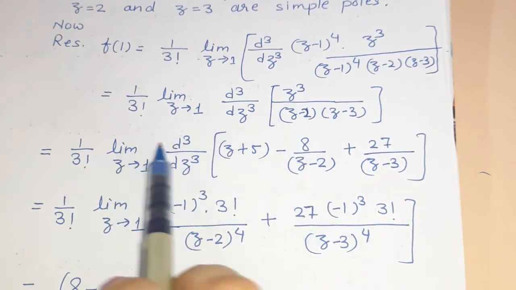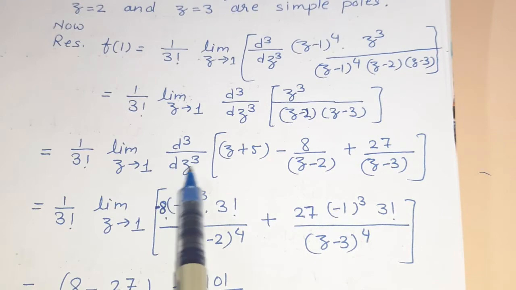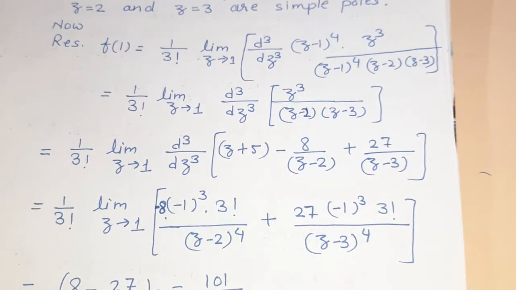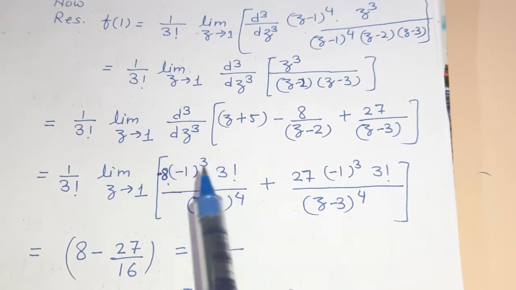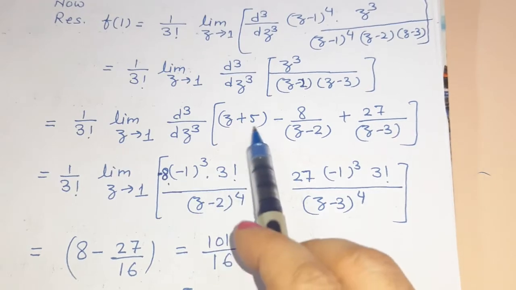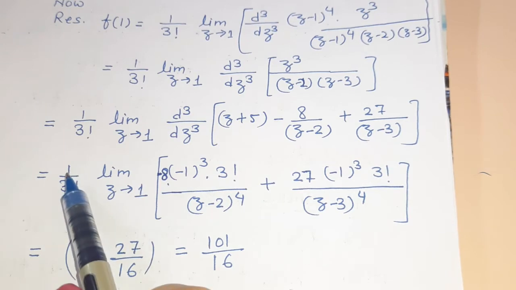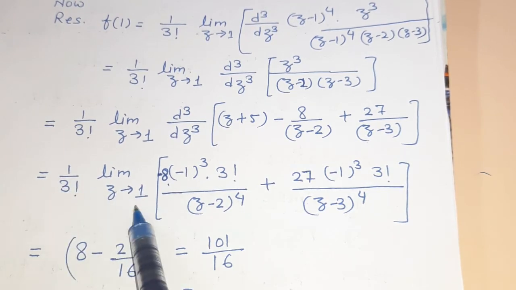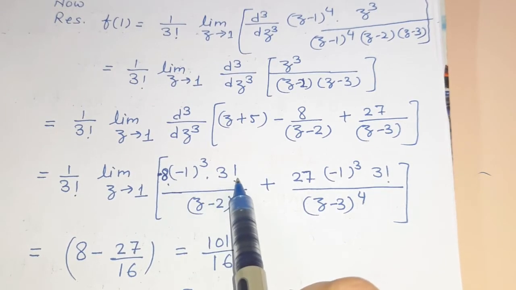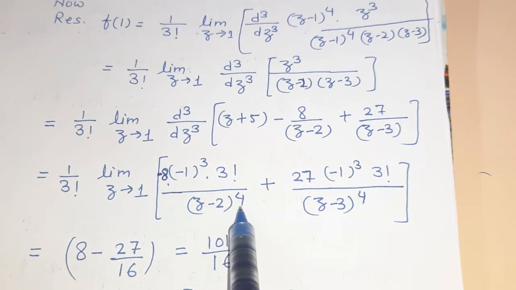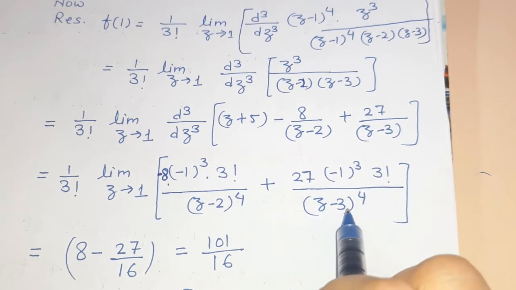So the next term will be 1 by factorial 3, limit z tends to a, d cube by dz cube of this function. Now we differentiate this function three times. We take the third order derivative of these terms; definitely the first term will become 0, and from these two terms we will get 1 by factorial 3, limit z tends to a, minus 8 into (minus 1) cube into factorial 3 by (z minus 2)^4 plus 27 into (minus 1) cube factorial 3 by (z minus 3)^4.